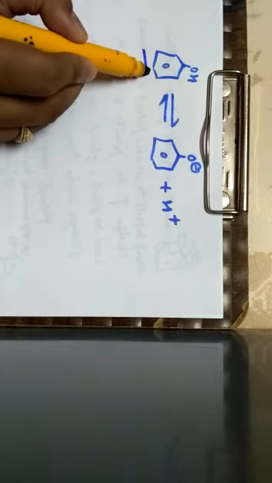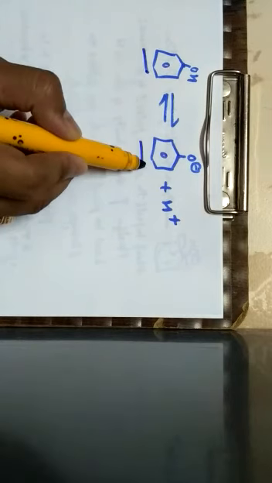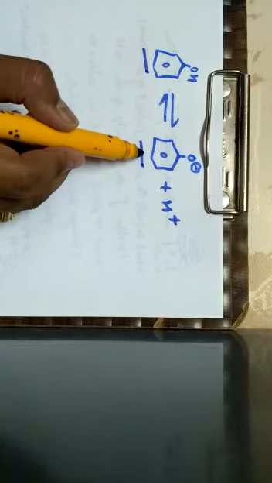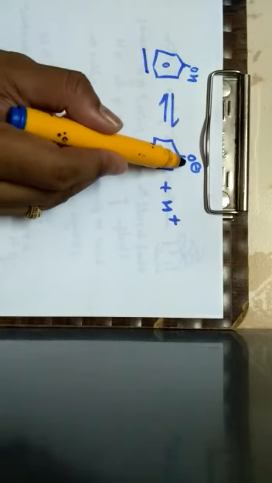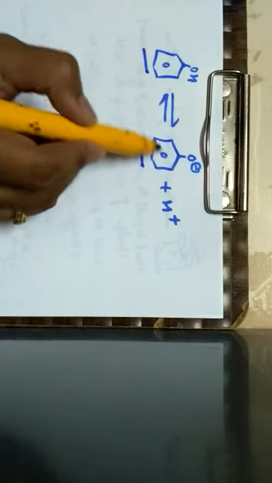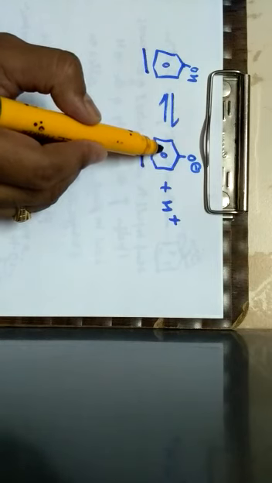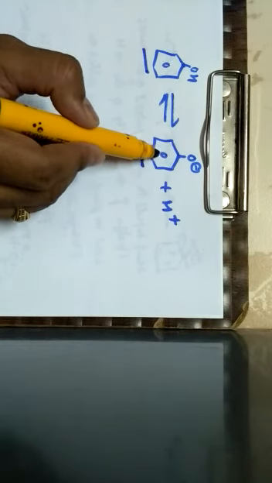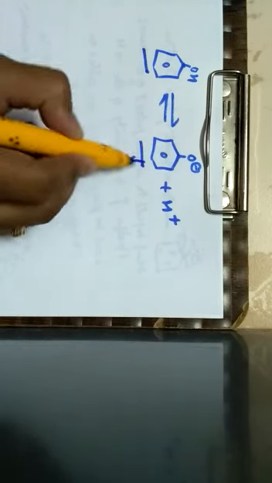Due to this, the phenol is considered unstable as compared to the phenate ion, because the phenate ion has a negative charge present on it, and hence this negative charge undergoes delocalization and it is stabilized due to resonance.